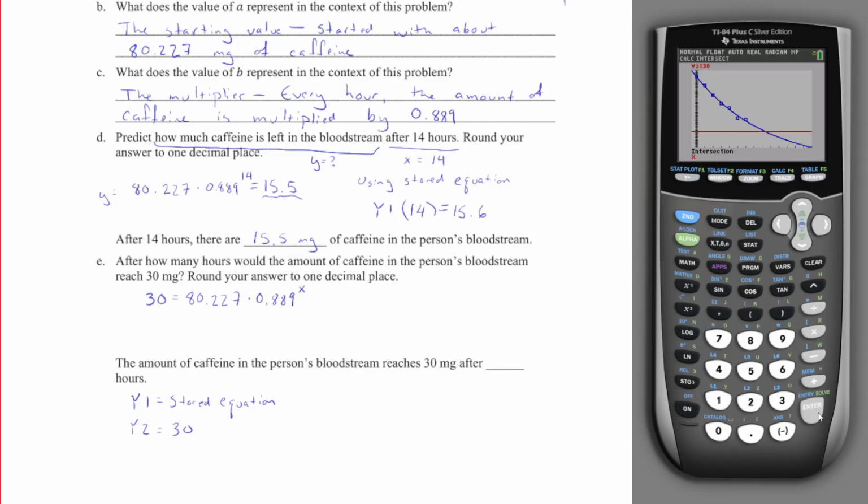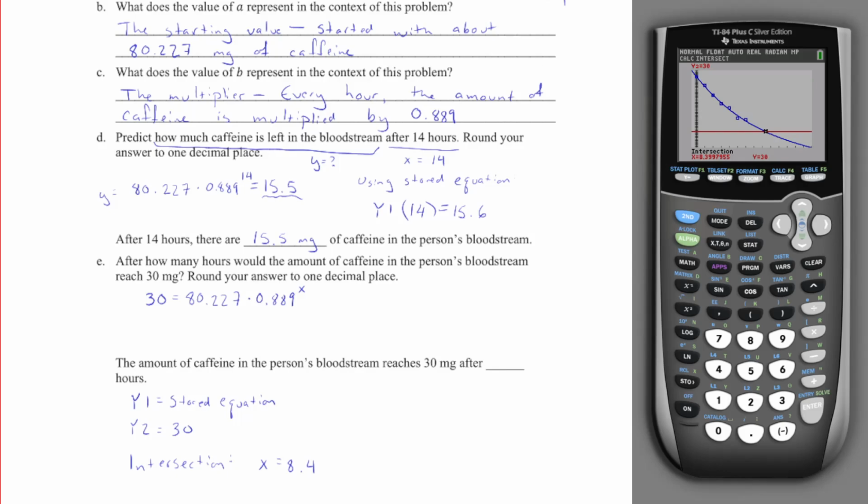We can just hit enter. And we see that the intersection is to one decimal place, x equals 8.4.